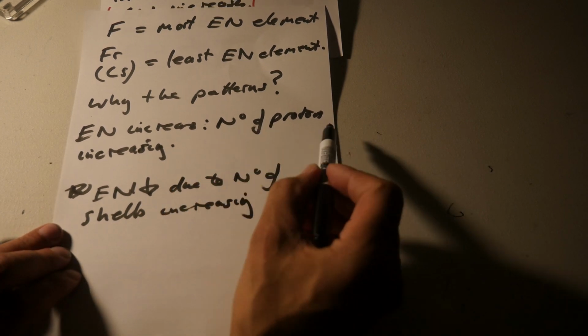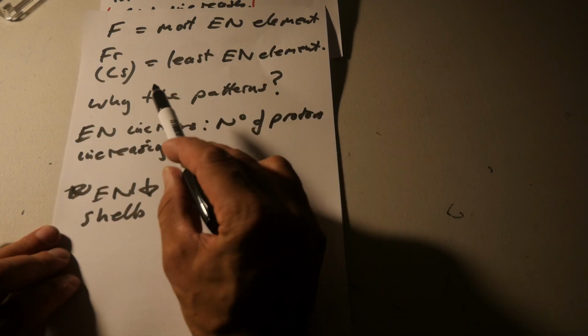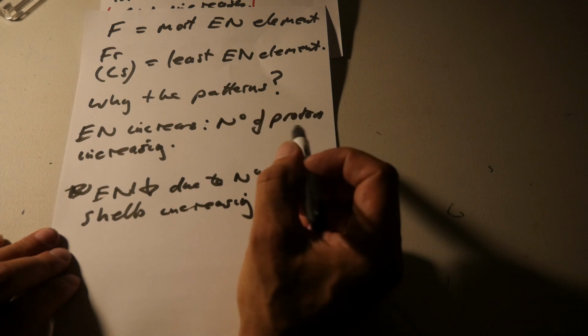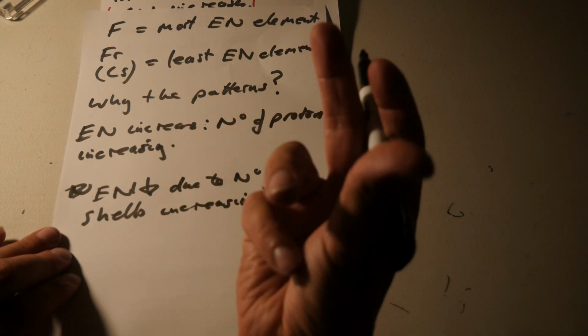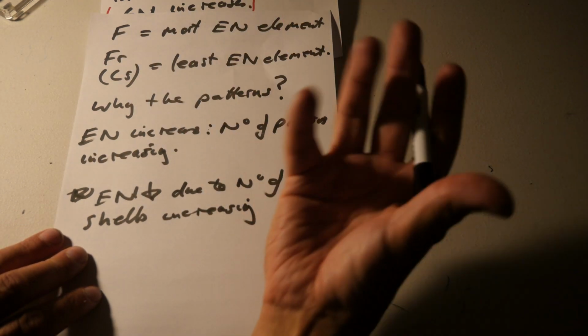As you get more and more protons going across the period, from left to right, the nuclear charge gets more and more positive, and so it pulls more and more strongly on other atoms' electrons.